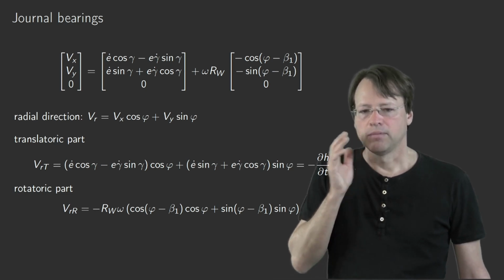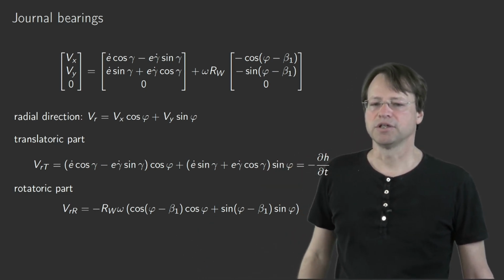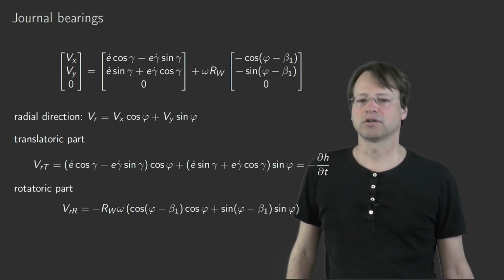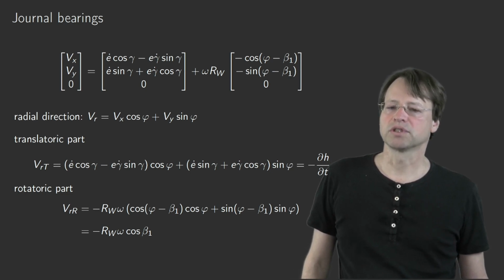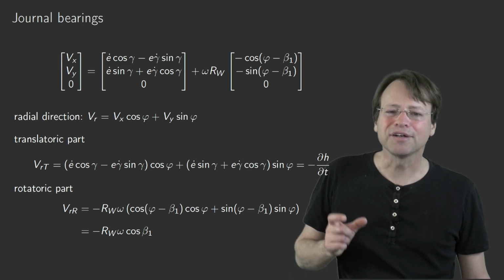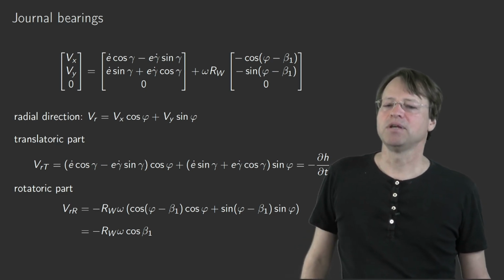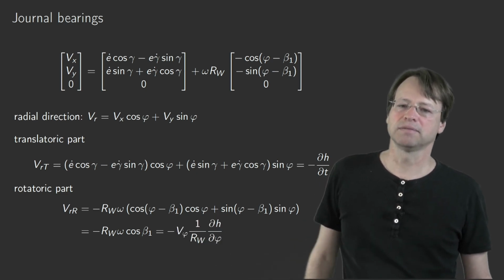Well, we can simplify this result by applying the classical addition theorems for the product of cosine and sine functions to yield minus r sub w omega cosine beta 1. But this is nice, because for beta 1 we had an arc cosine expression, namely 1 divided by r sub w dh by d phi. So let's plug it in here.